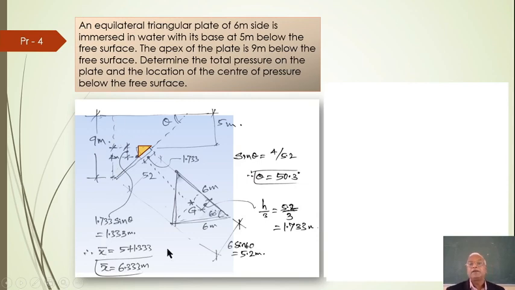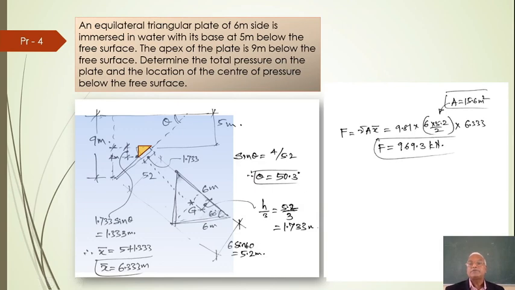Okay. Now the area of a triangle is equal to 6 into height by 2, 6 into 5.2 by 2. Gamma is for water, gamma A x bar, x bar is 6.33. Because of that, the resultant force acting on the triangular plate will be 969.3 kilonewtons, that is F.